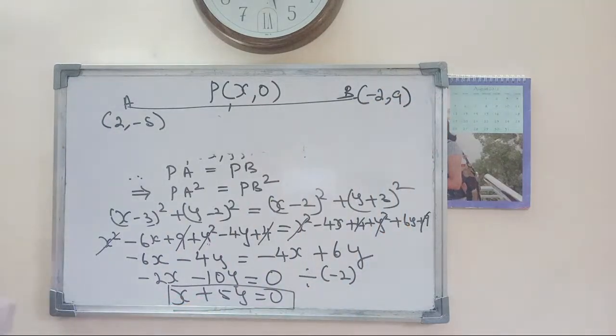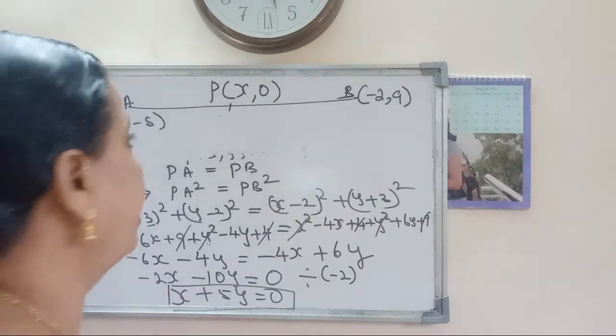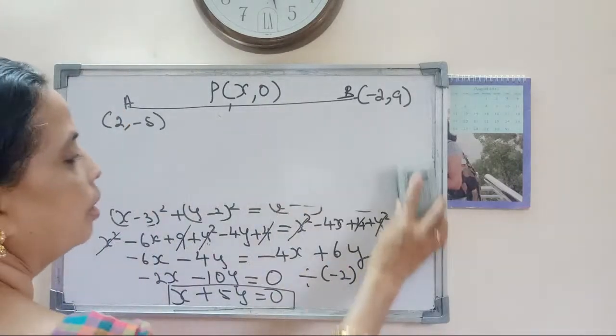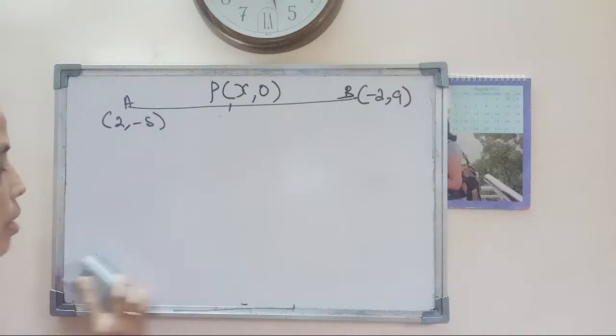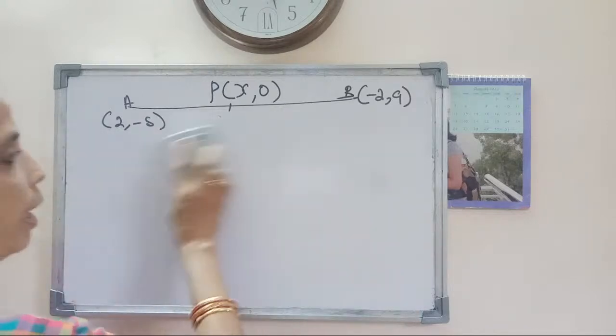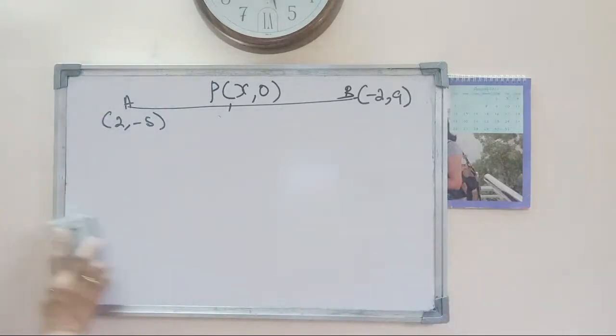Try. Condition: points A and B are equidistant from the point P (x, 0) which is on the x-axis. So write your answer with the starting statement.